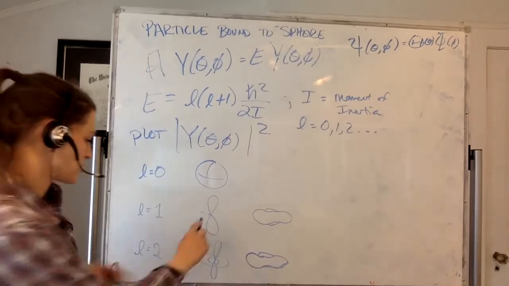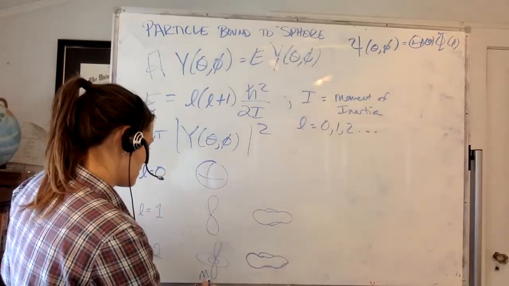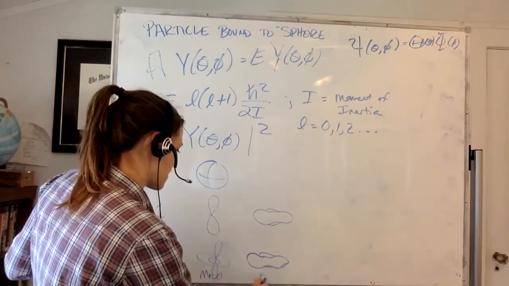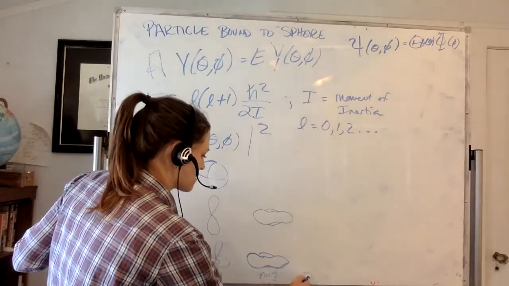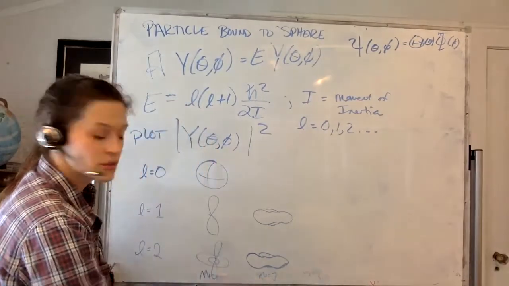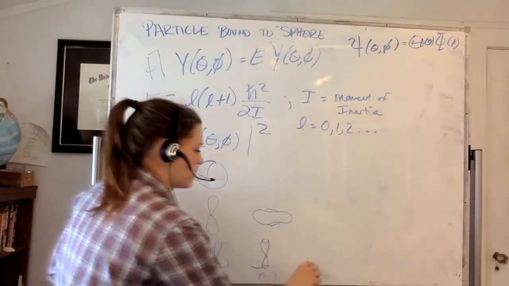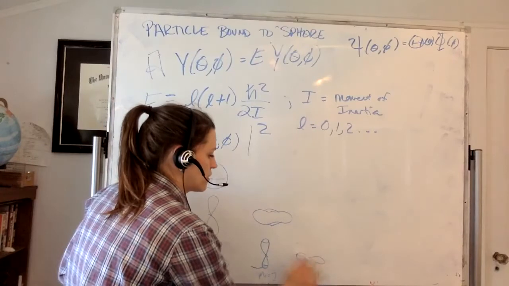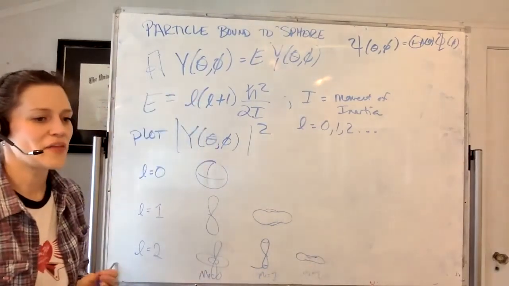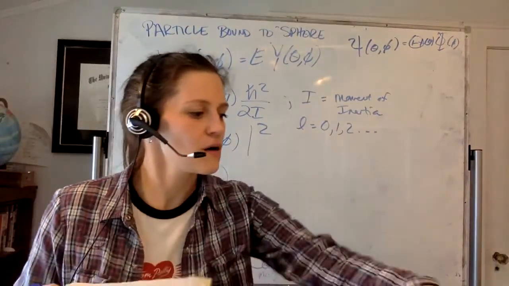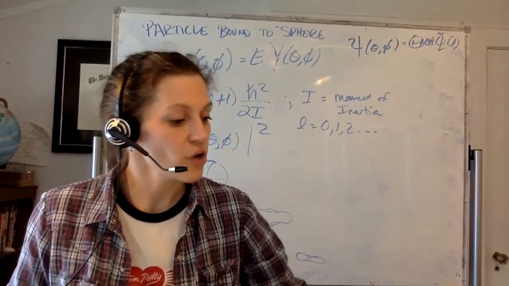And this would be m sub L equals 0. This is m sub L equals 1. And then I can do m sub L equals 2. And for the 2, it kind of looks more like that.